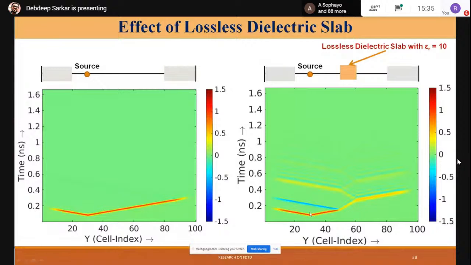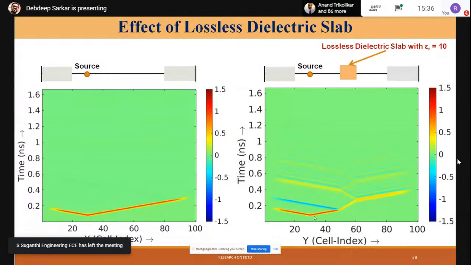One is basically the source that I launched, and the other is the reflected pulse. I have the knowledge of the source, so I can do the manipulation, subtract that source part from it, and have the reflected pulse data only. So now you have two things separate: what you launched and what you got back.